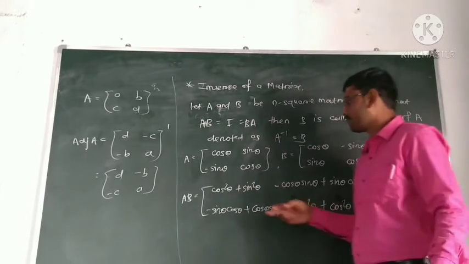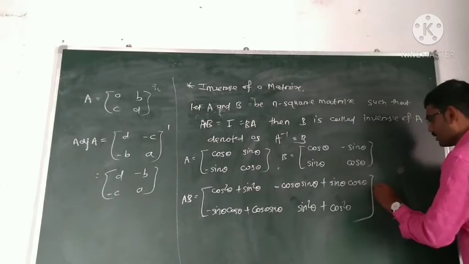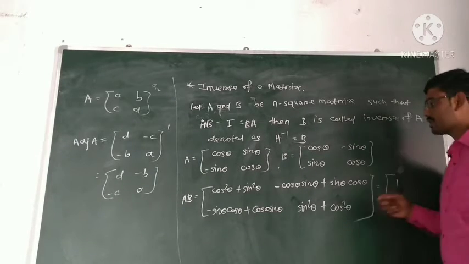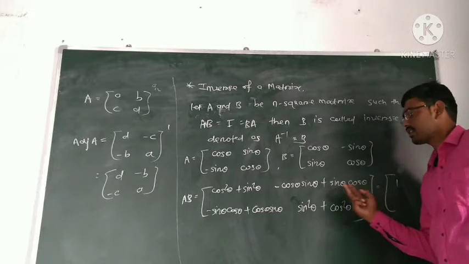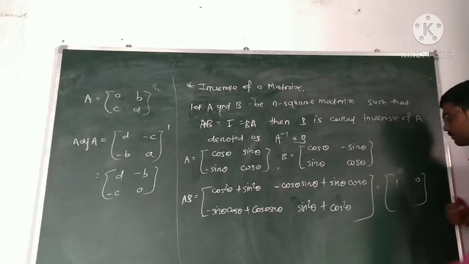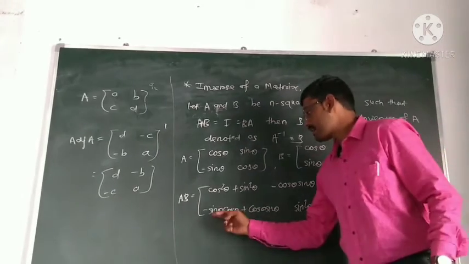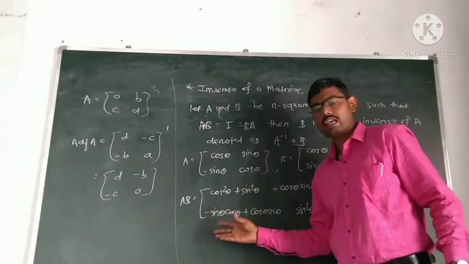Now we know cos square theta plus sin square theta is equal to 1. Here minus cos sin and here plus sin cos, so the minus and plus cancel and become 0. So 1, 0. Again here minus sin cos and here sin cos, plus and minus cancel, so it becomes 0.